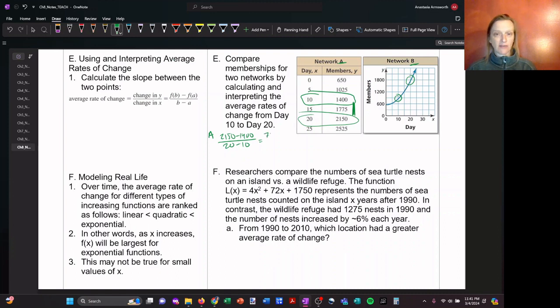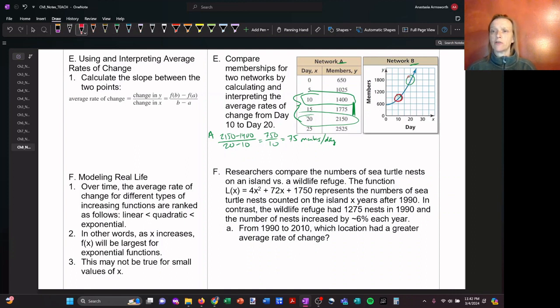Well, that gives me 750 divided by 10, which works out to be 75 members per day is my rate of change. So network A is gaining about 75 members per day over this particular time span. I'm not necessarily saying that this network keeps that forever, but in that time span between day 10 and day 20, that's the average rate of change.